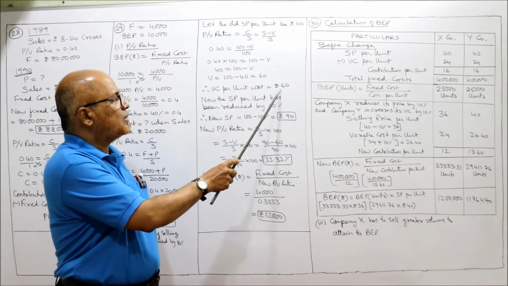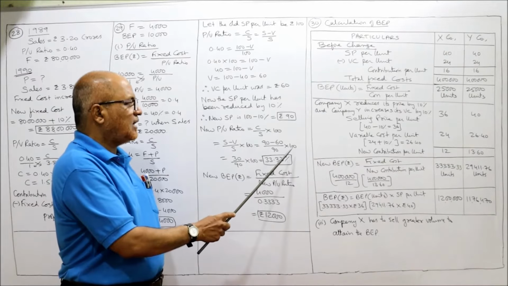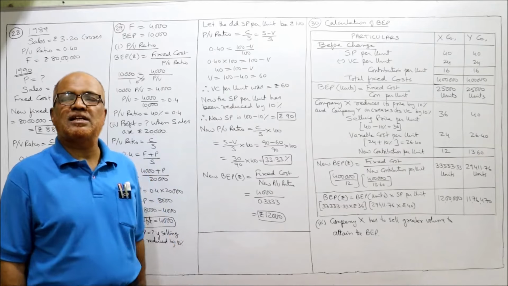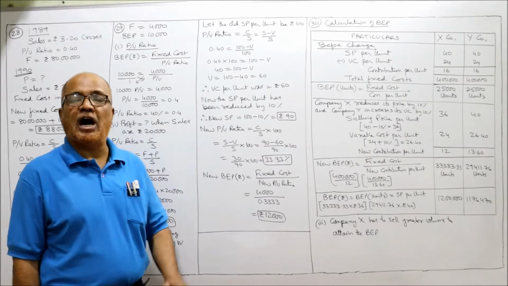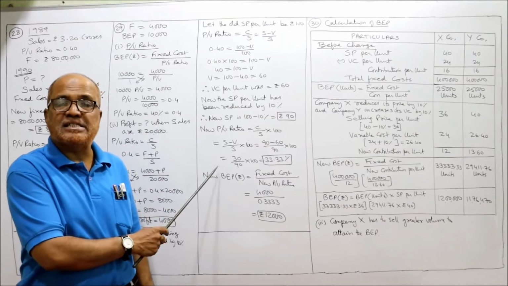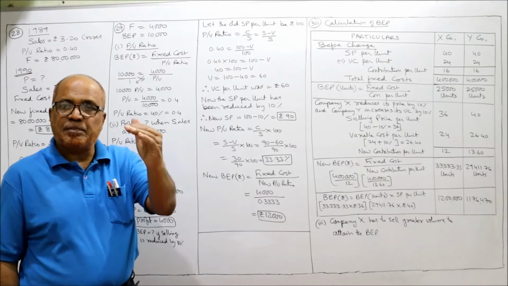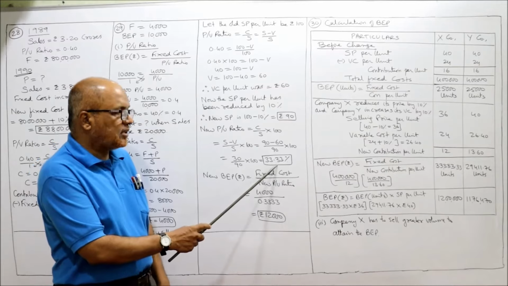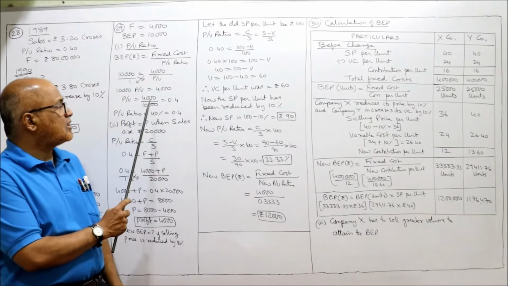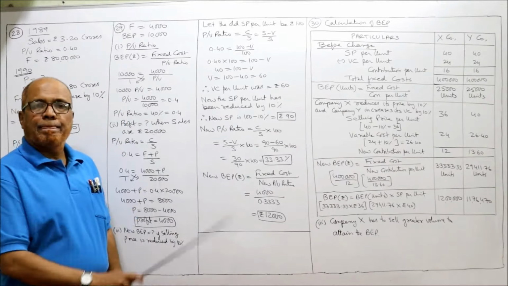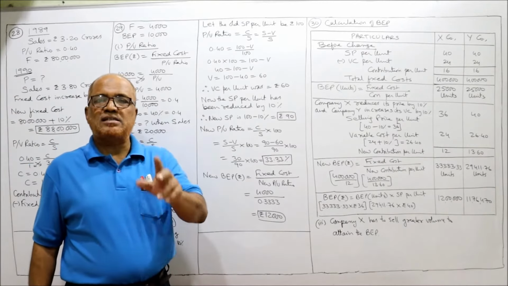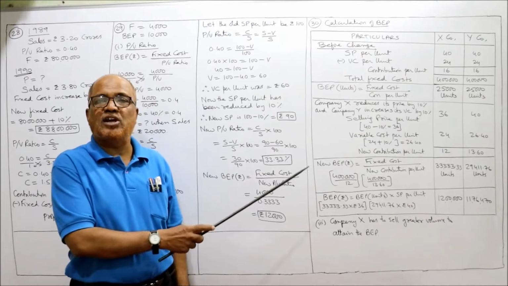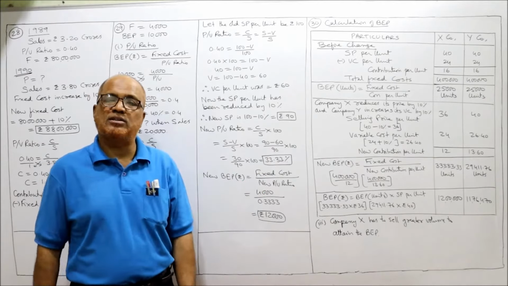Variable cost was 60 rupees. So 90 minus 60 by 90 into 100 is 33.33%. This is the new PV ratio after changing the selling price. By reducing the selling price by 10%, the PV ratio comes down to 33.33%. Earlier the PV ratio was 40%.